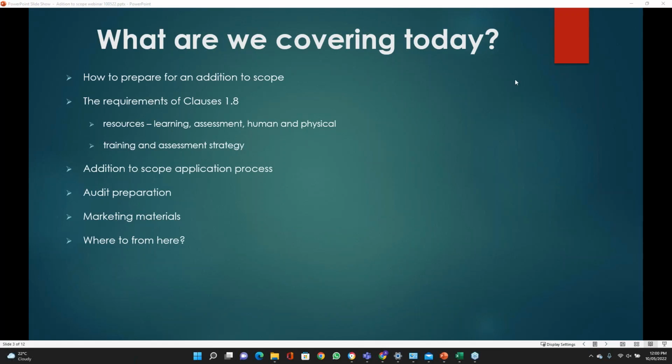So what are we covering today? Today we're looking at how to prepare for an addition to scope application. With that, the requirements of clause 1.8 are very important to meet, and we're also going to be looking at the requirements of clause 1.8 specifically insofar as resources. And with resources, I'm talking about learning resources, assessment resources, human resources, as well as physical resources.